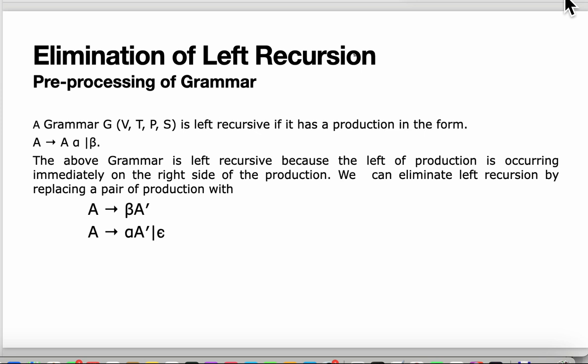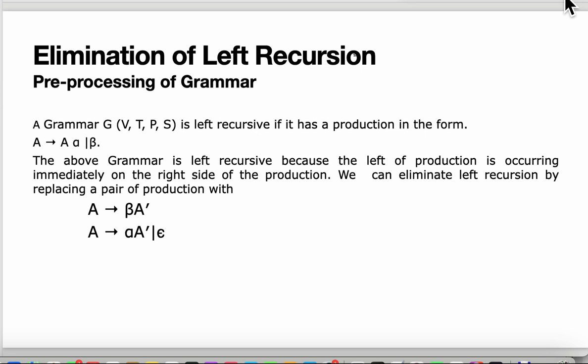Now we have to expand, we have to write what is A dash. A dash gives, don't write the symbol which is creating recursion. A is the variable which is creating recursion. Don't write A. Now write the leftover symbols after A in the term. Here there are only two symbols, A and alpha. As A is creating recursion, write the next symbol, which is alpha only.